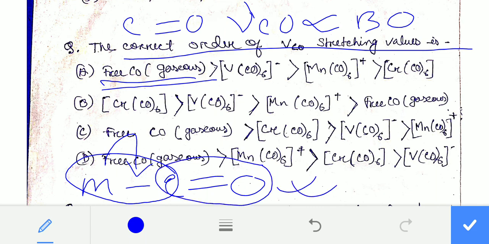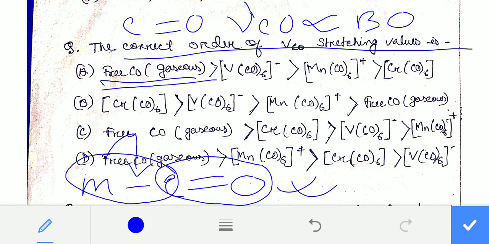So when the metal atom has available non-bonding electrons, it can donate these electrons, which increases the MC bond order and decreases the CO bond order.